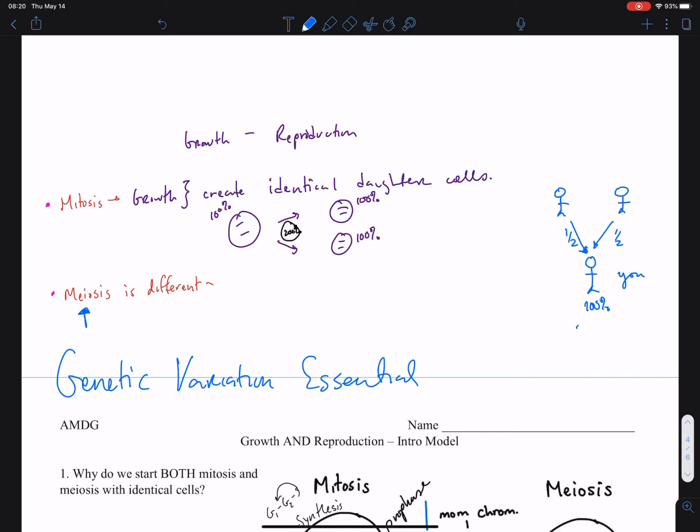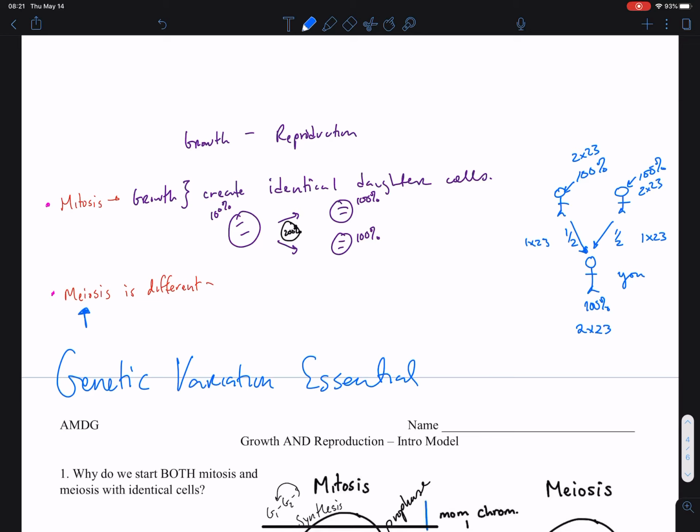So if you are two sets of 23 chromosomes total, you're getting one set of 23 from your mom and you're getting one set of 23 from your dad. And that makes perfect sense, except for the fact that each of your dad's cells has 100% of his DNA, and your mom, all of her cells have 100% of her DNA, or 2 sets of 23 of her DNA.